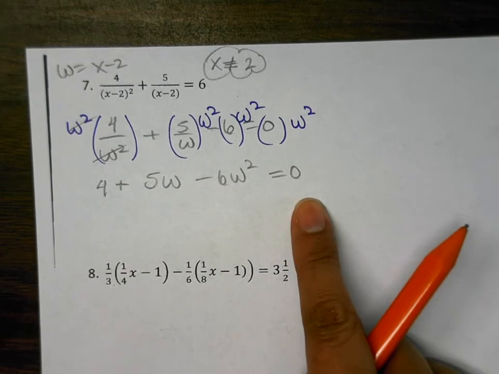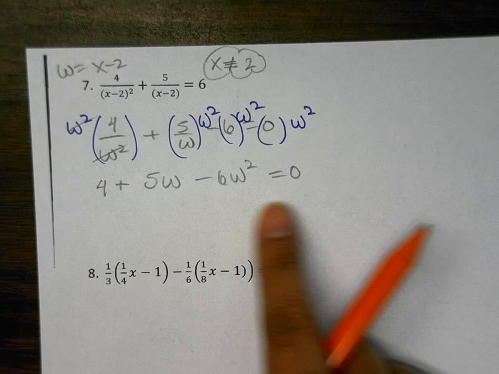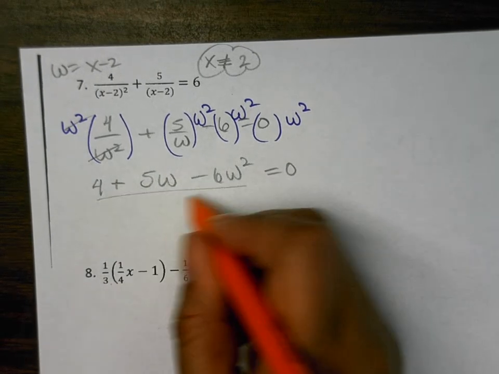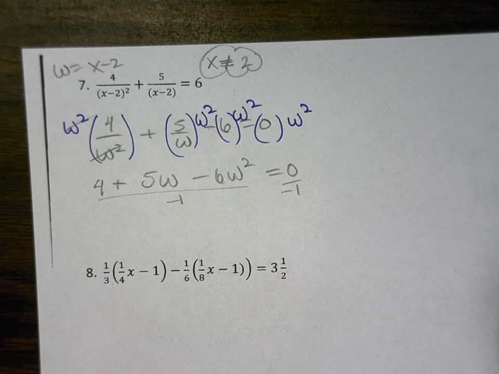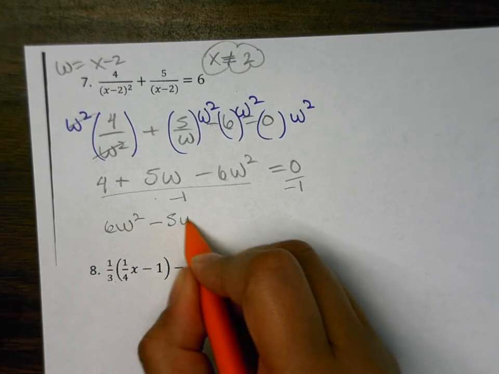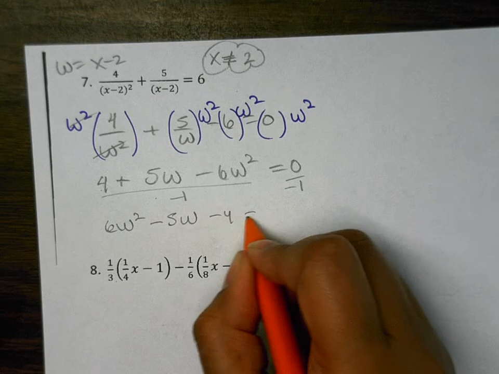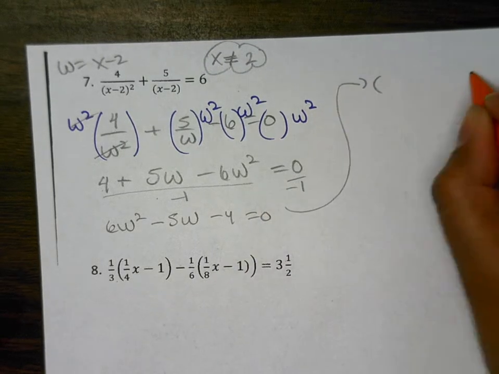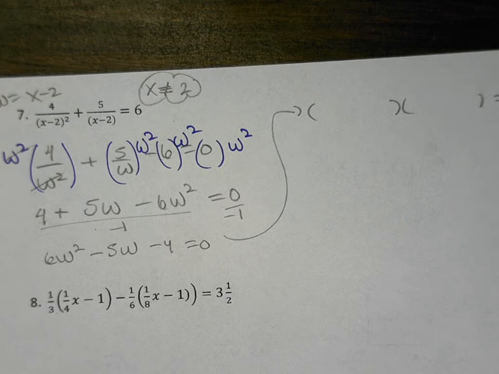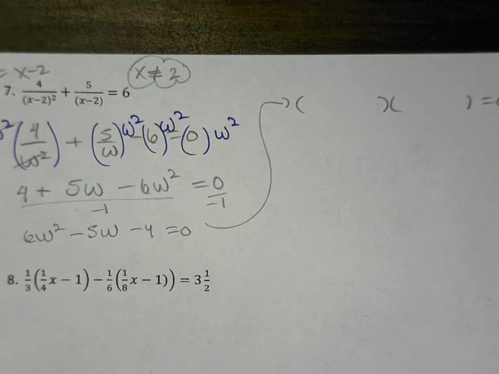Is this one where I could divide everything by a negative and get it positive? Or could I move everything to the other side? Okay, divide by negative. Either way would work, but I'll divide by the negative. Positive 6W squared minus 5W minus 4 equals 0, yes or no? All right, let me know when you guys have it factored.